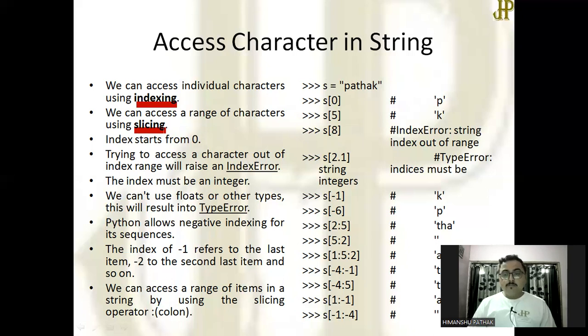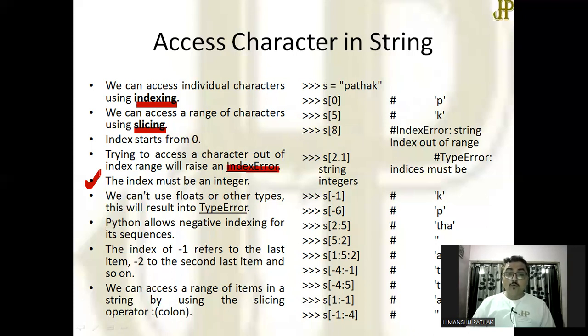As we know that Python is smart, so if you want to access beyond the range of the string, then an index error will be generated. There is another thing: the index should be in integer form. Other than integers, we cannot use floats or other types of data.